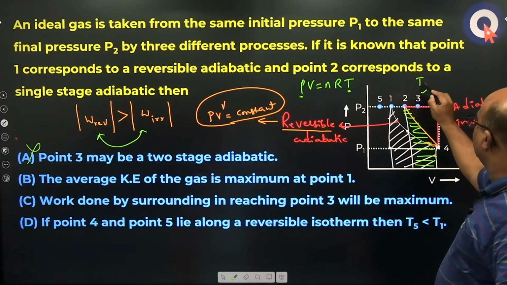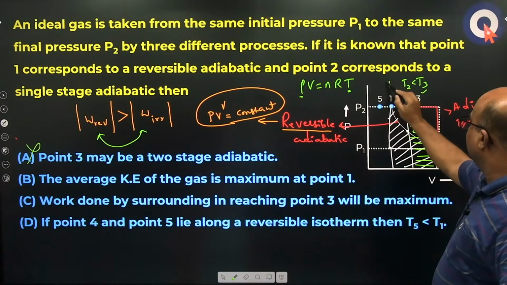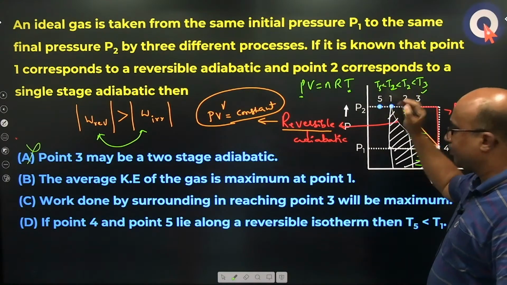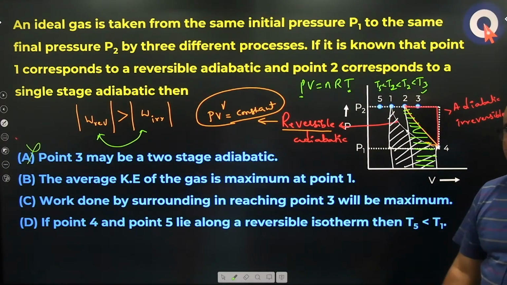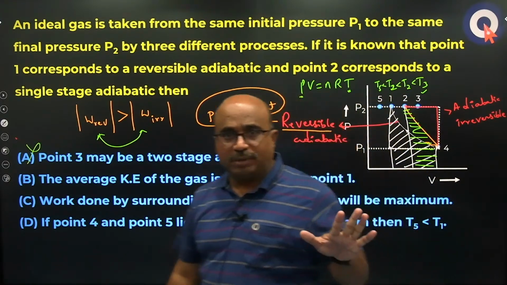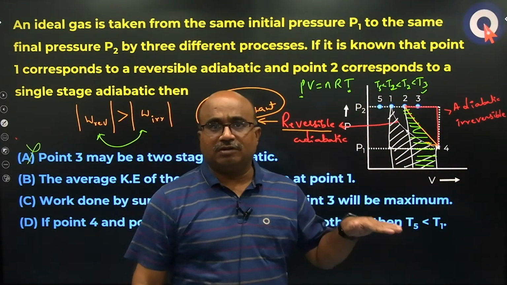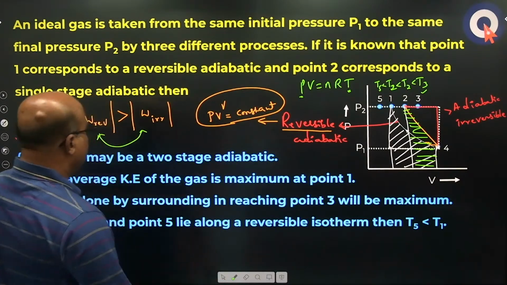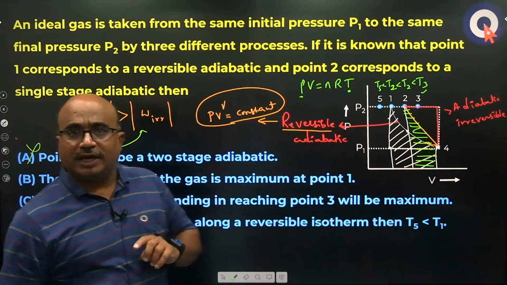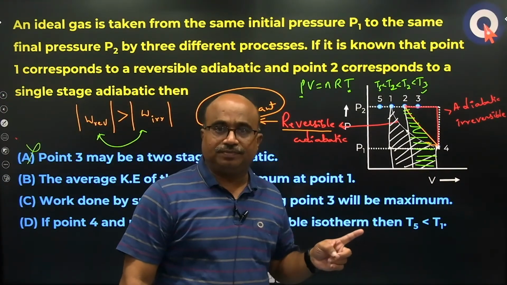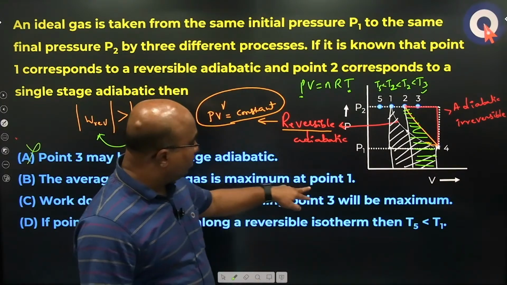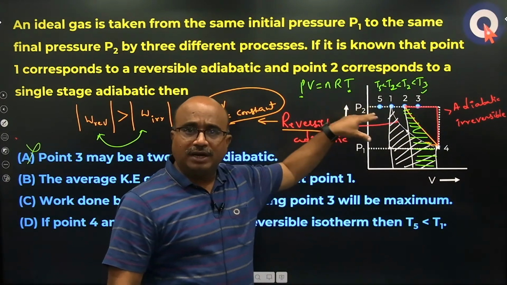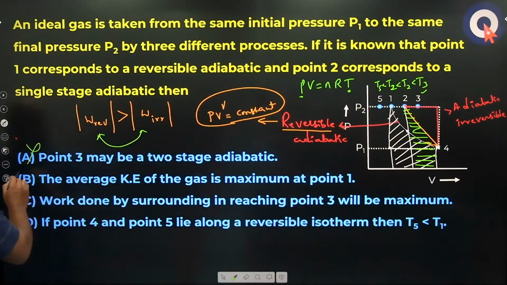So T3 is greater than T2, which is greater than T1, which is greater than T5. So as the volume is high at the particular pressure, the temperature of the system should be high. So you can directly say the average kinetic energy is always directly proportional to absolute temperature. So it can't be maximum at point 1. It should be maximum at point 3, not at point 1. So this is also wrong for us.